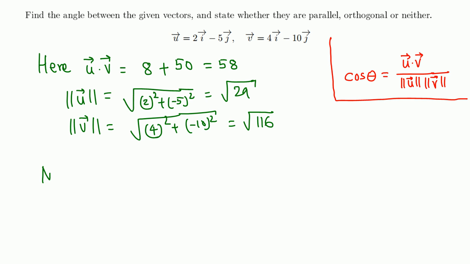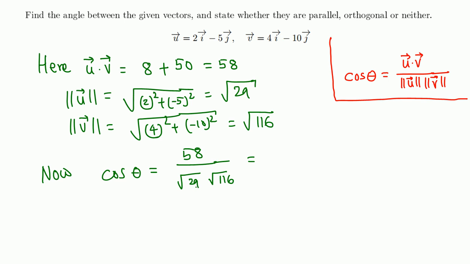Okay, now we want to find the angle between these two vectors, which is given by cosine theta equals u dot v, which is 58 on the top, over magnitude of u times magnitude of v. So square root of 29 times square root of 116.